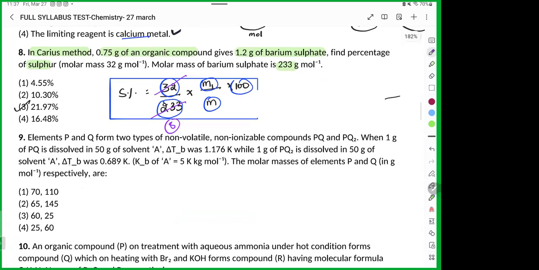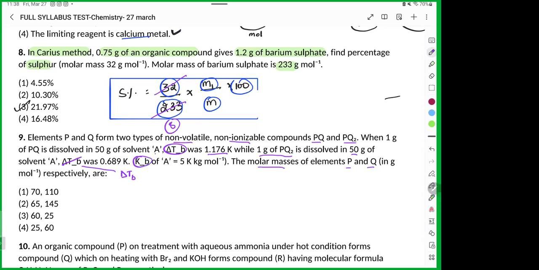This is a delta TB solution question. P and Q form non-volatile, non-ionizable PQ and PQ2. 1 gram PQ dissolved in this many grams of A, delta TB is this. 1 gram PQ2 dissolved in this, and delta TB is this. And this is the Kb value.